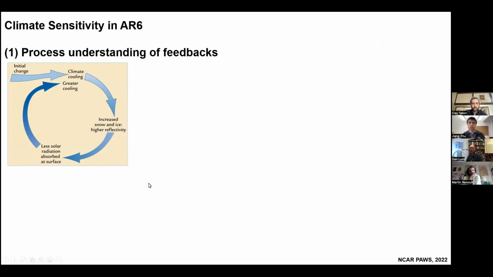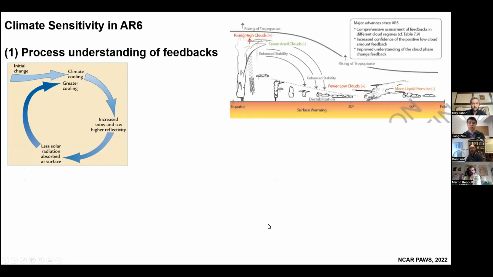So key things like surface albedo feedback. But like I said at the beginning, there was a lot of new work on cloud feedbacks over the last 4 or 5 years, so a lot of the chapter was looking at new assessments of cloud feedbacks in different regimes, and in particular changes in confidence of the low cloud amount feedback and cloud phase change feedbacks.